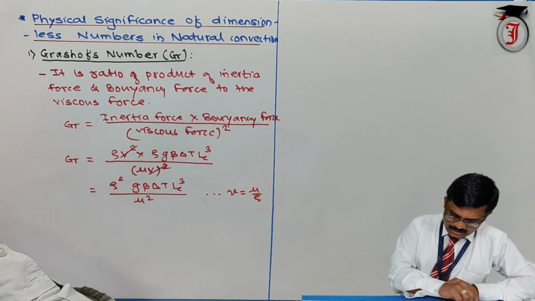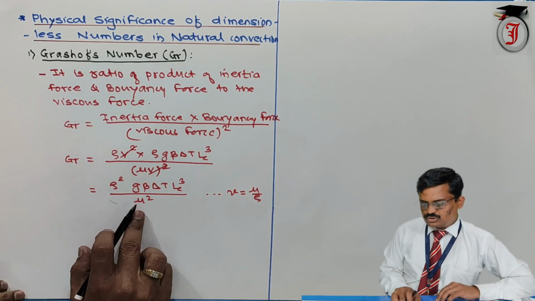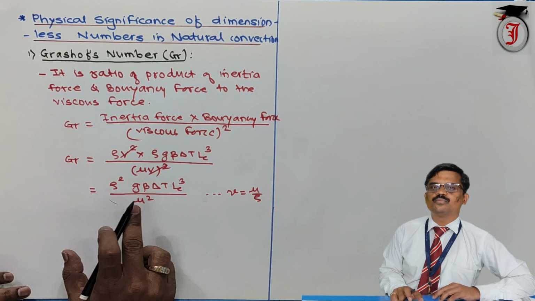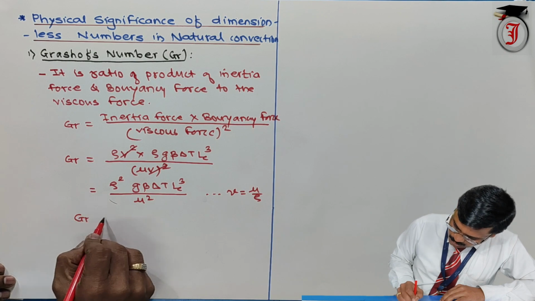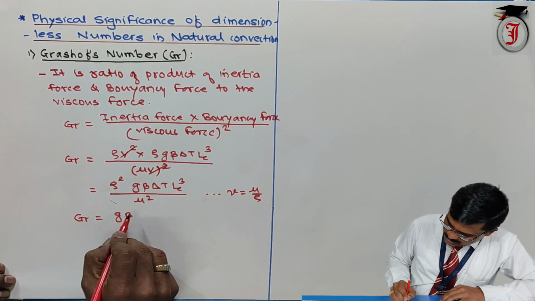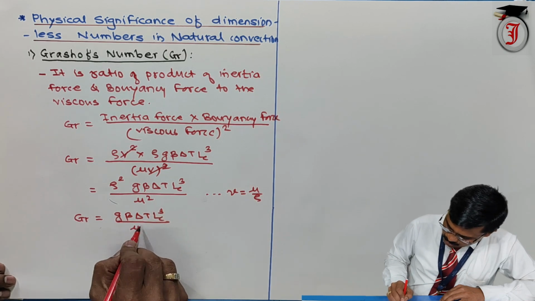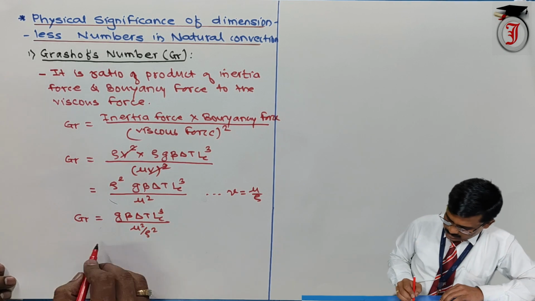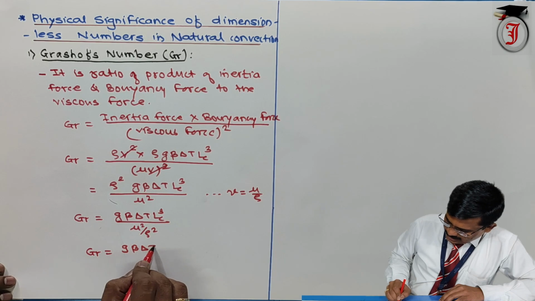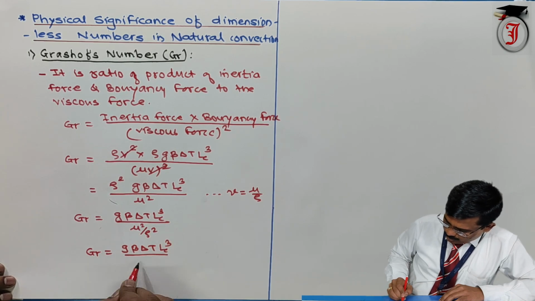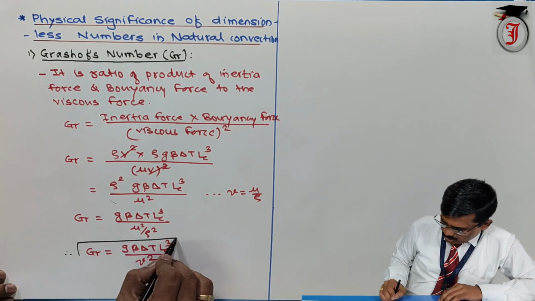So when we transfer this rho square to the denominator, we get mu square upon rho square, that is (mu by rho) whole square. So this is nothing but nu. Therefore GR is equal to g beta delta T LC cube upon nu square. So this is the formula for Grashof number.